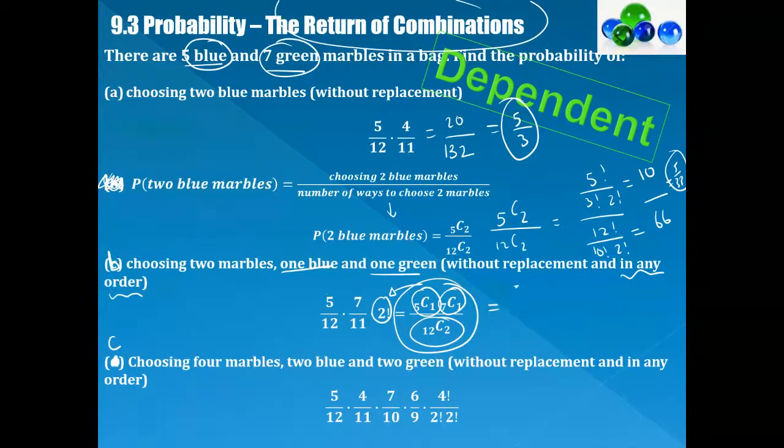We could do that with 5 factorial over 4 factorial, 1 factorial, times 7 factorial over 6 factorial, 1 factorial, over 12 factorial over 10 factorial, 2 factorial. Well, if we did that one, it's 66. There's 66 ways to get 2 marbles. We already did that.